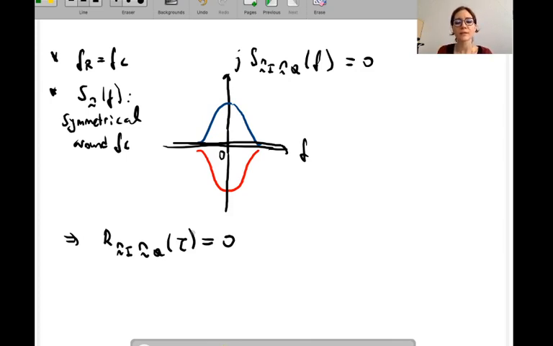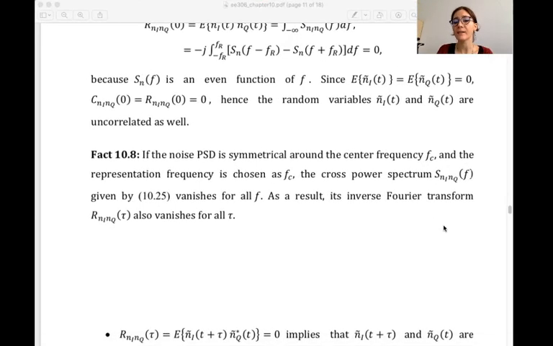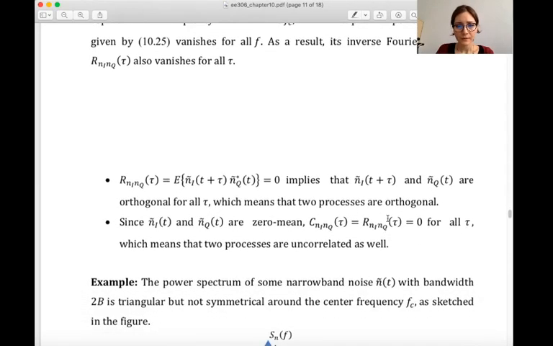So since both processes are zero mean, they are not only orthogonal, but they're also uncorrelated, in which case we say that the two random processes are uncorrelated random processes. So here you have a summary of all these observations.